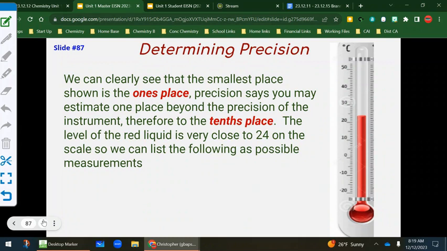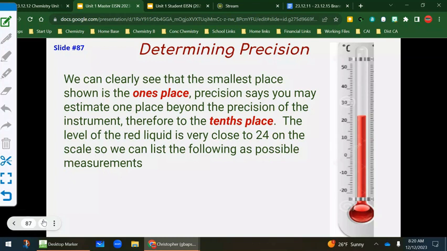Right, it is close to 25. Is it closer to anything else? I think it's closer to 24. I think it's probably somewhere in between 23 and 24. Can we agree on that? Okay. So now we know it's more than 23, and we know it's less than 24.